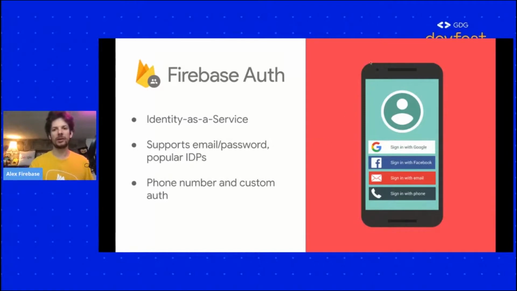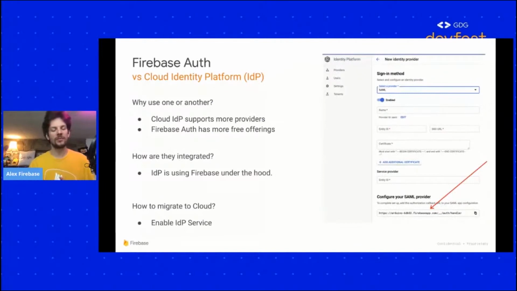However, and here is the first difference versus the cloud platform, Firebase does not support the more advanced enterprisey things. So for instance, if you want to configure a SAML, a single sign-on mechanism, then you'll have to use a Cloud Identity interface. And by interface, I mean you have to actually go to the Cloud Identity website and configure it from there.